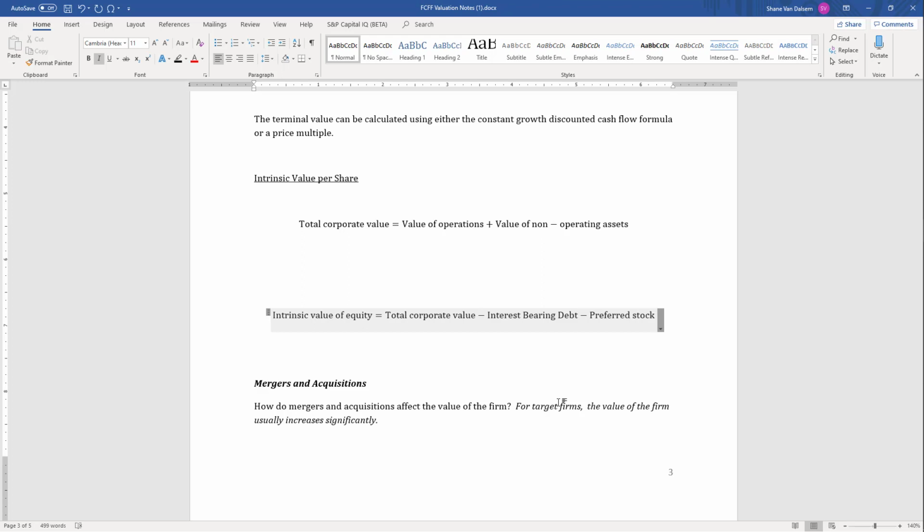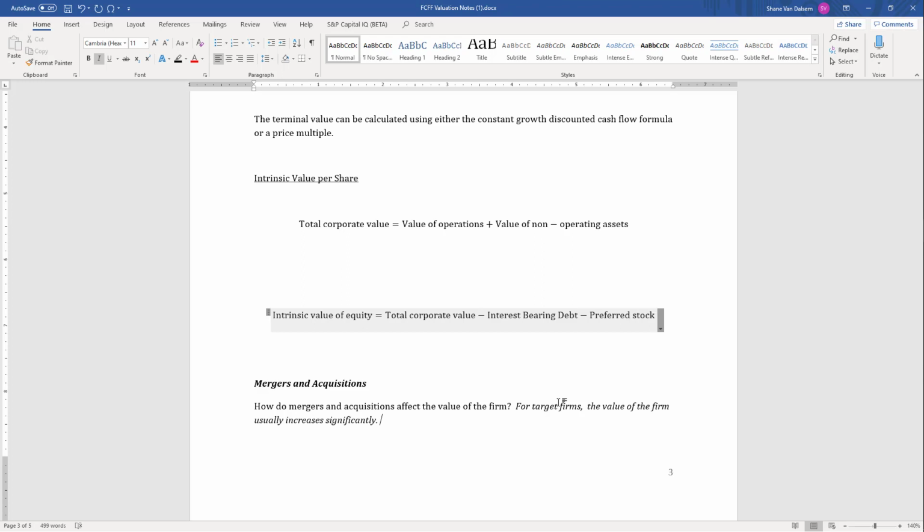Their value goes up a lot because the acquiring firm usually offers a fairly high premium for that company above what the current stock price is. And so if you happen to own the stock of a company that becomes a target, you're usually pretty happy because the value of your stock just went up.